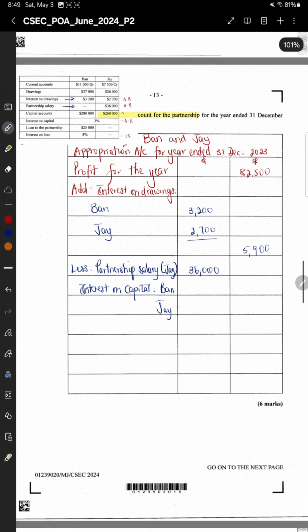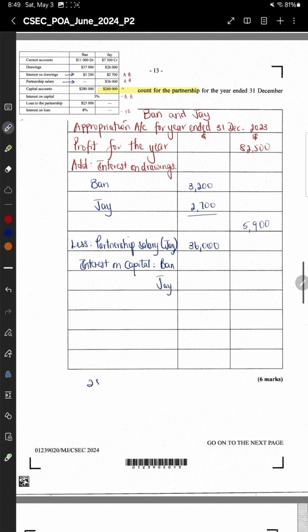Right at the bottom we can put our calculation. 280,000 is Ban's capital. $280,000 times 3%, that is 280,000 times 0.03, which is 8,400.